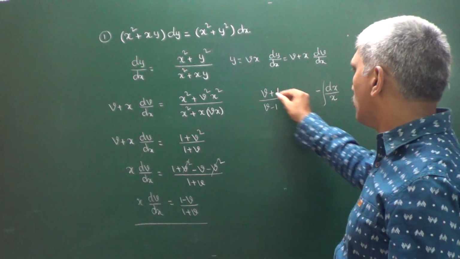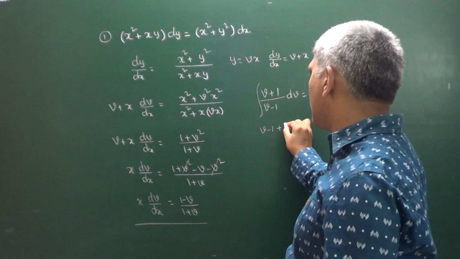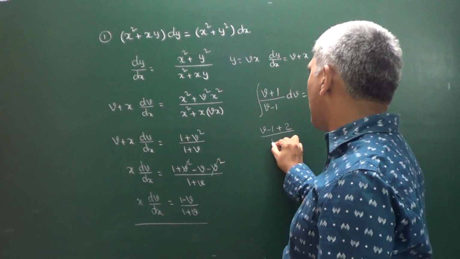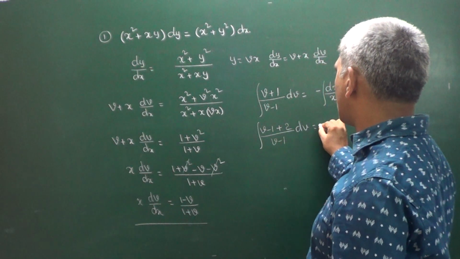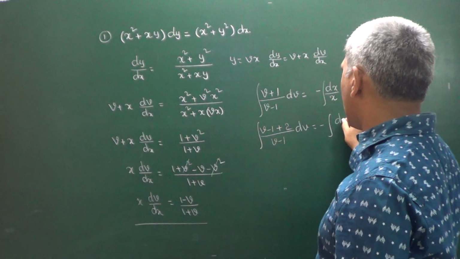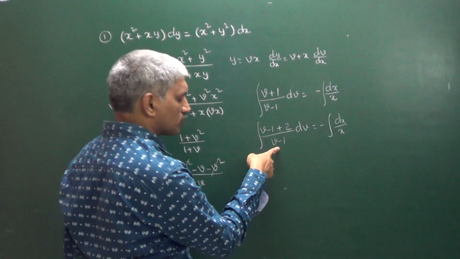Now integrate both sides. So we can write it as (v minus 1 plus 2) divided by (v minus 1) dv is equal to minus dx by x. Now v minus 1, v minus 1 cancel.